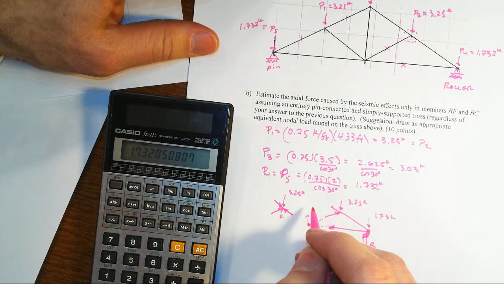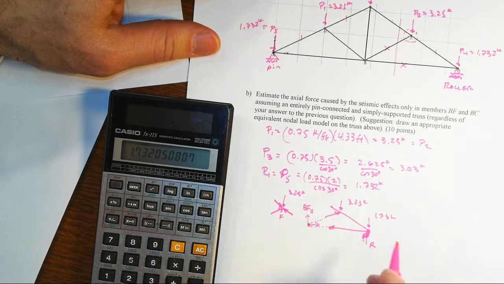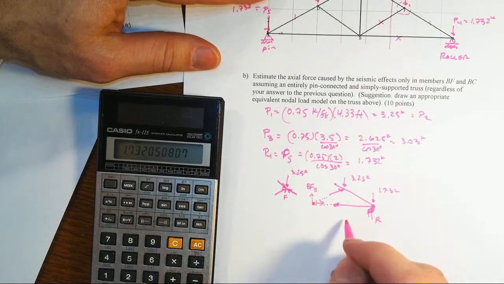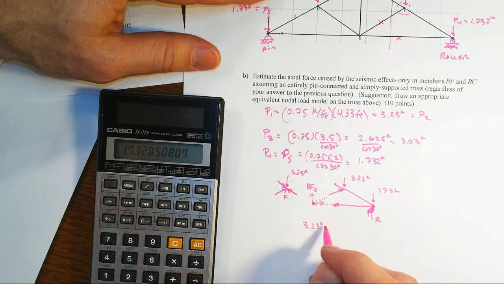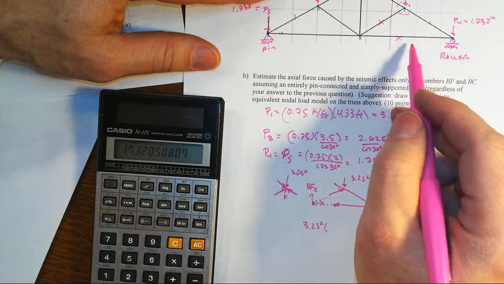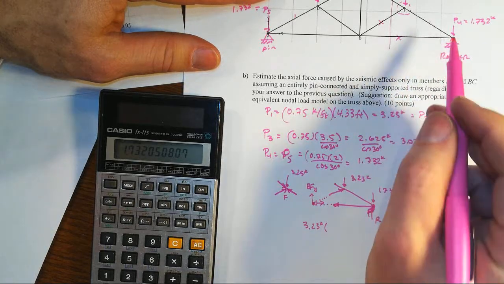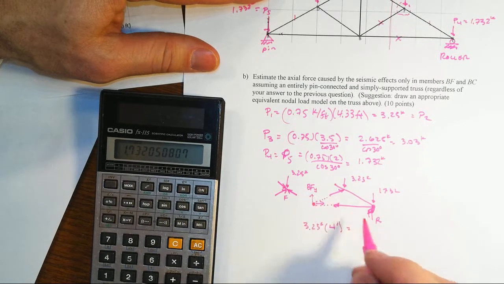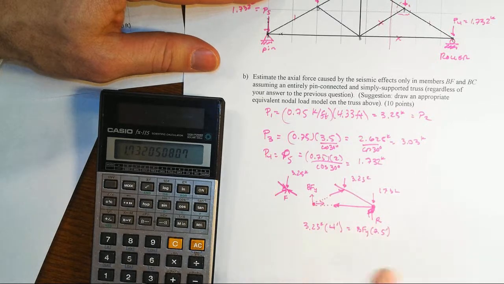So the y component of BF then is the only thing we have to deal with, and so we'll have 3.25 kips times the moment arm, which is, let's see, that was at 4 feet, and that has to be countered by BFY times this moment arm of 7.5 feet.